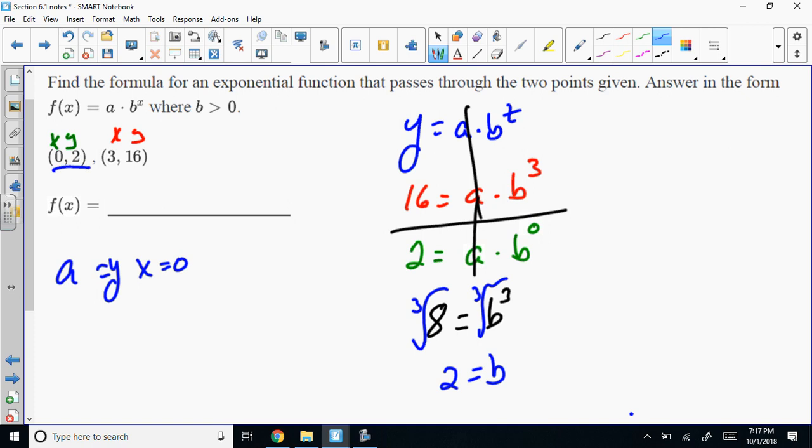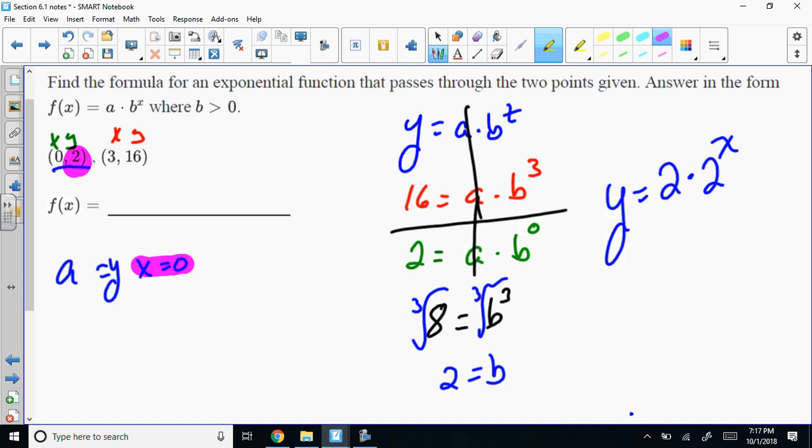We can go ahead and put it in, right? 2 is the initial value, because if x equals 0, then a equals y, right? So there.